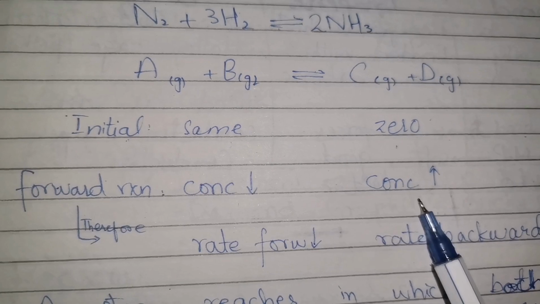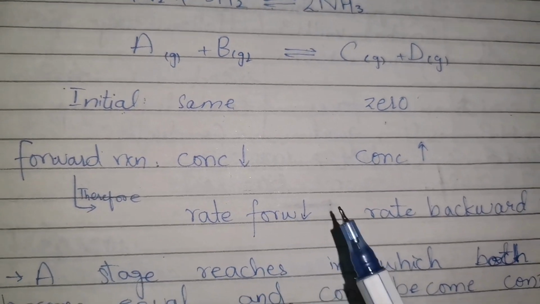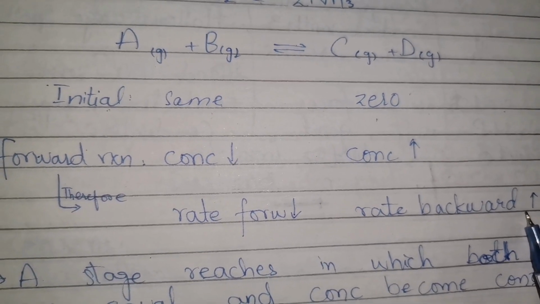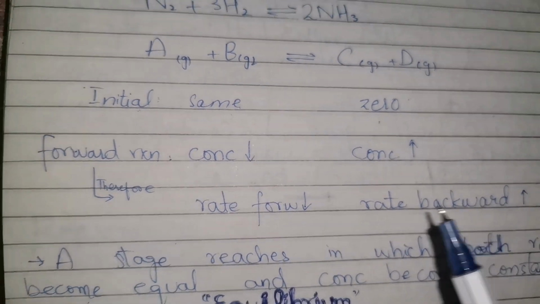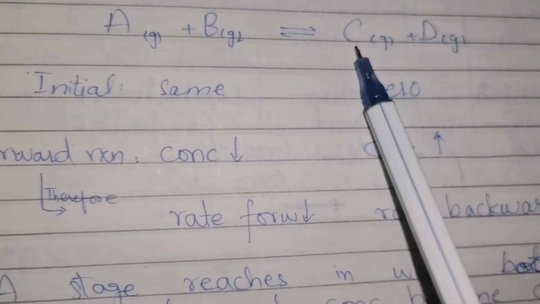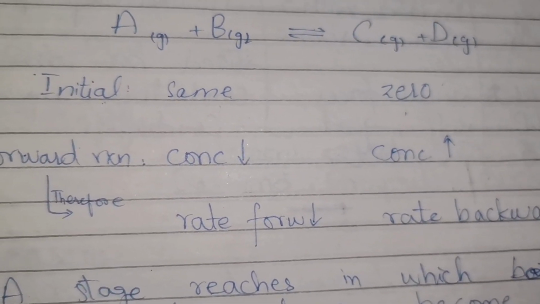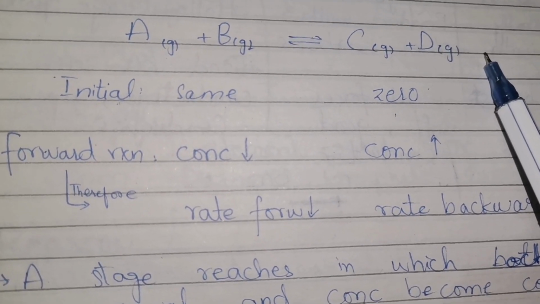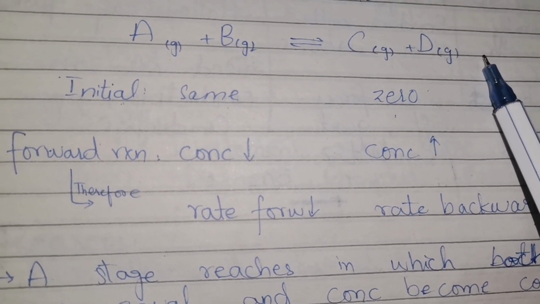Therefore, we say that the rate of forward reaction decreases and the rate of backward reaction increases. Now a stage is reached when the rates of both reactions become equal. This type of condition is known as equilibrium.